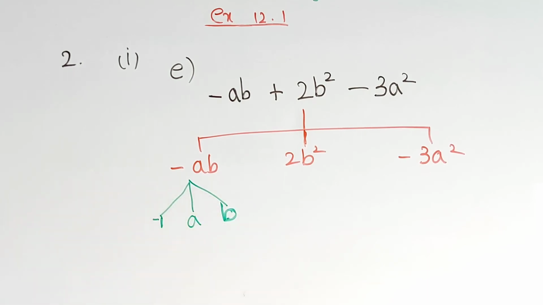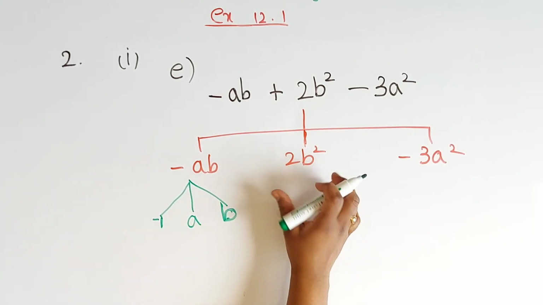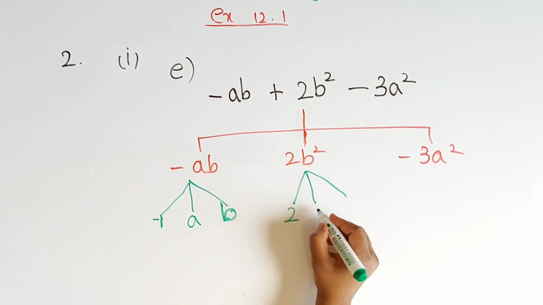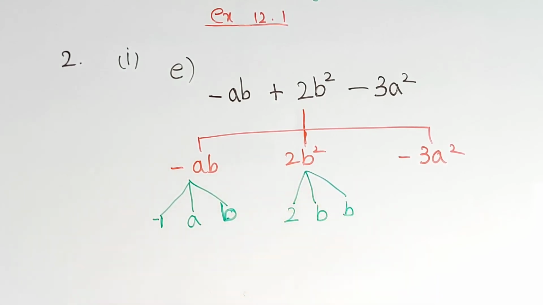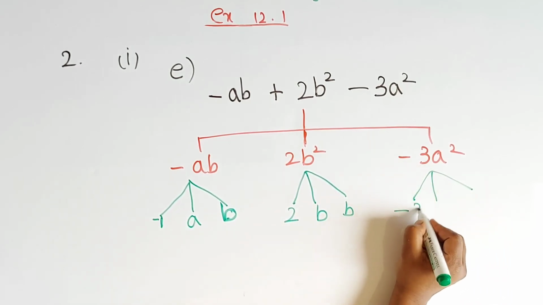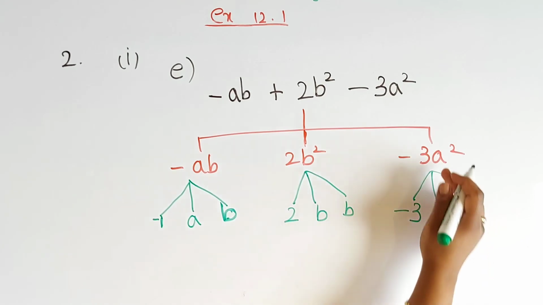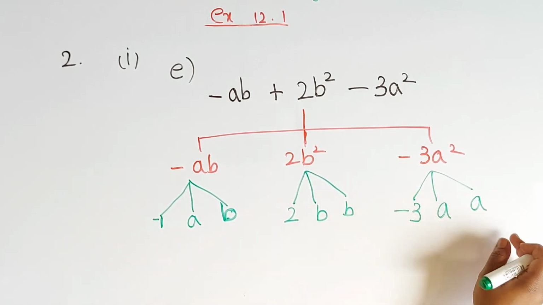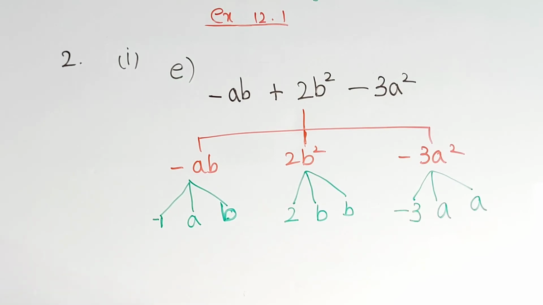Right, children? Now 2b square also we can factorize, like 2b square we can write it as 2, b into b. Right? Next, minus 3a square also we can factorize. First minus 3 and a here, again one more a here. Minus 3 into a into a is minus 3a square.